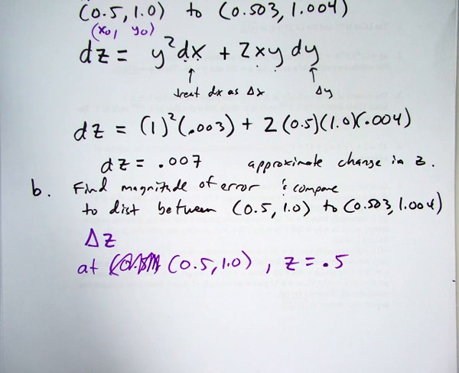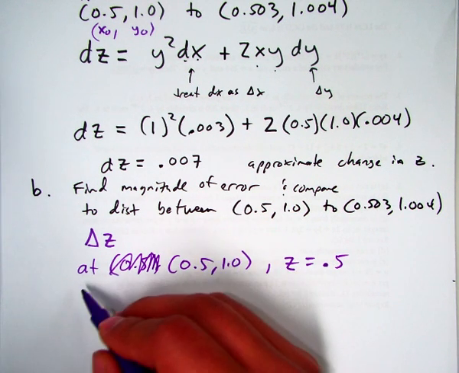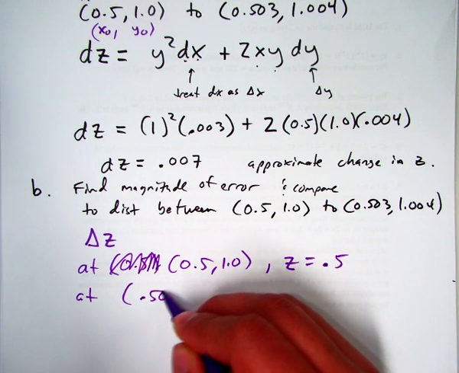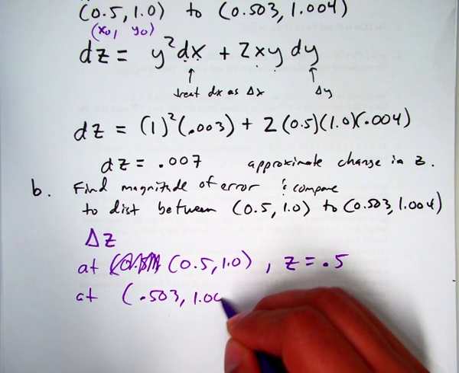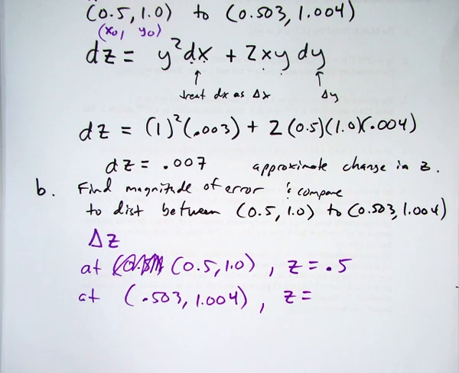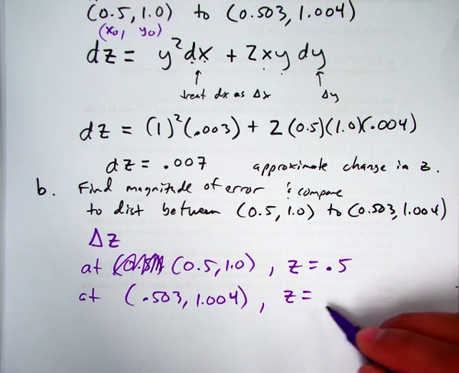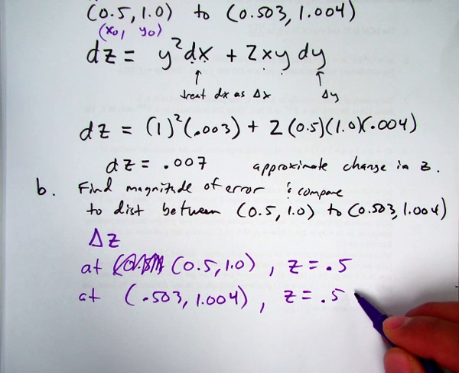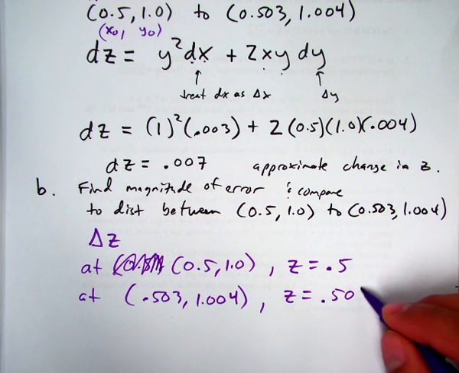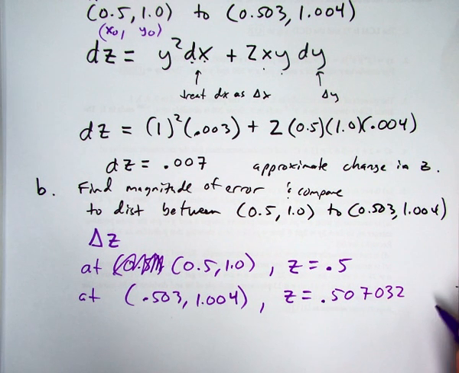Okay. Now, if we go to the point 0.503, 1.004, now we get another output. What is that? Let's get a lot of decimals because we're going to compare this. 0.032. Okay. Good enough.